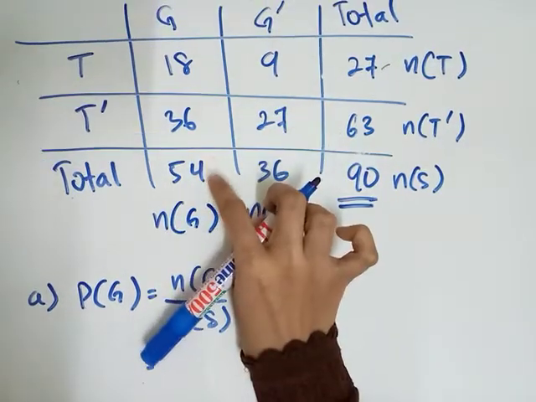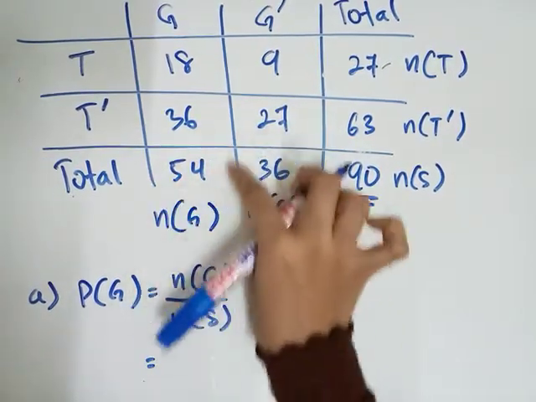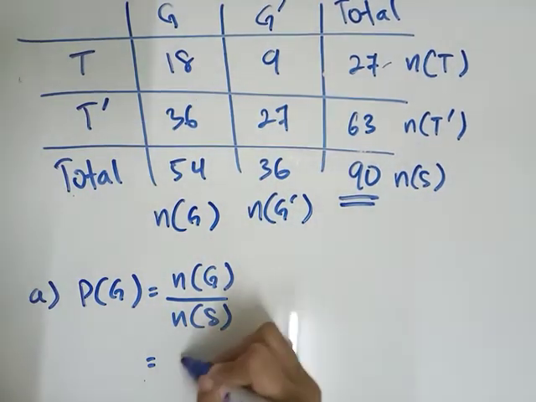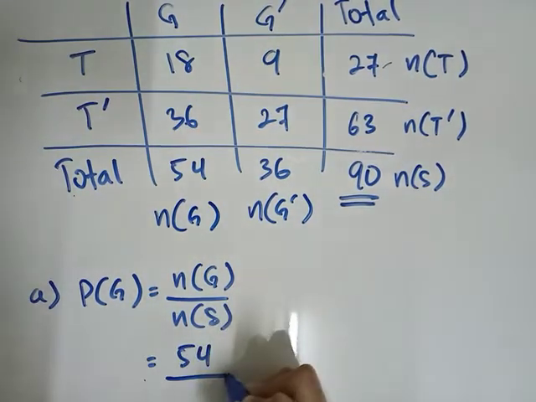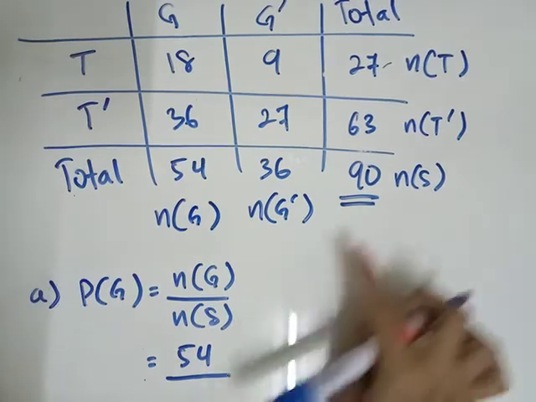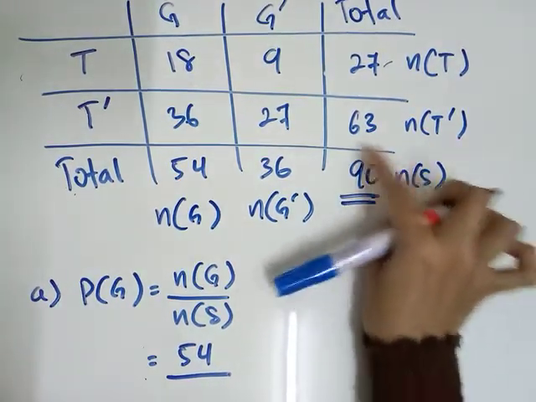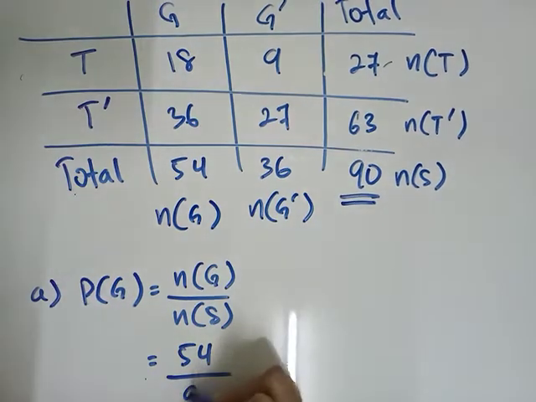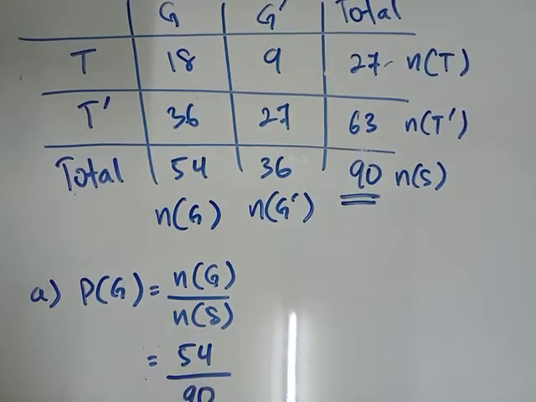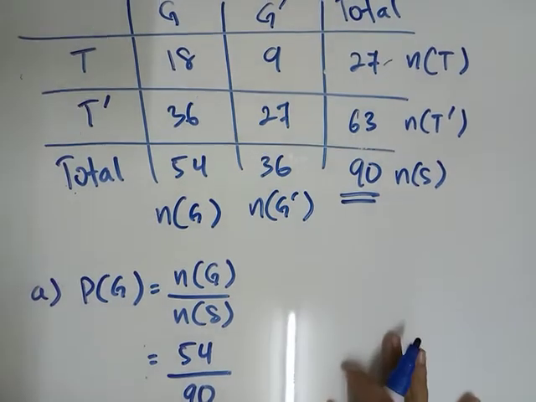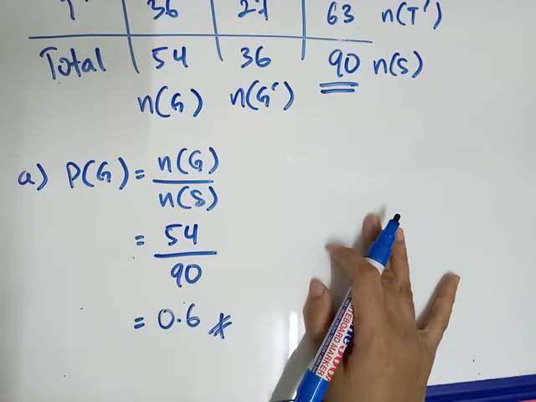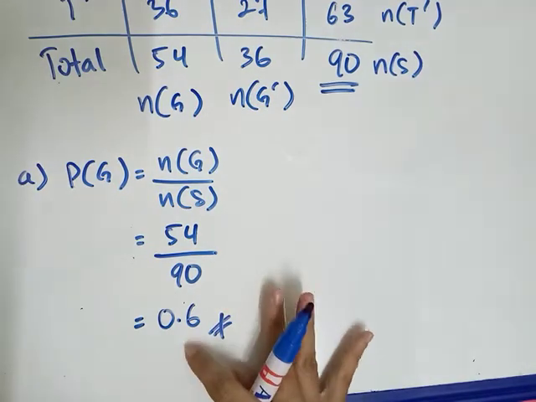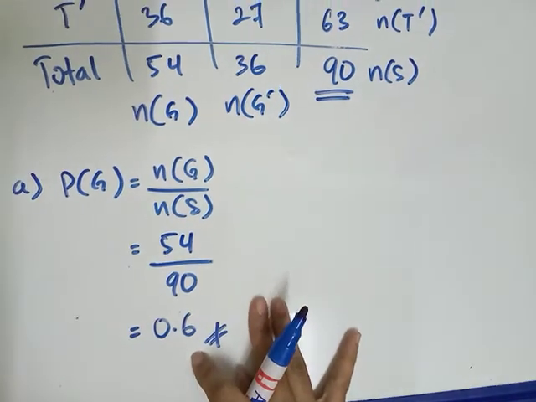Ambil yang total up dia, 54. So 54 over NS ni 90, yang awak dah total up keseluruhan dia. So 54 divided by 90, you get 0.6. This is the answer for A.